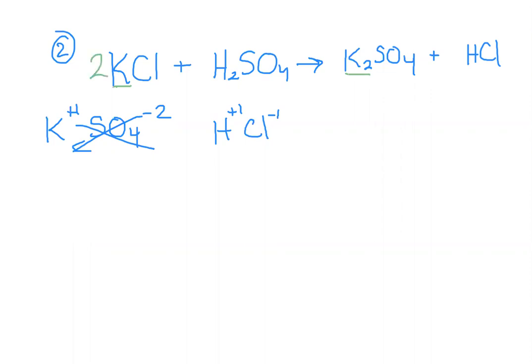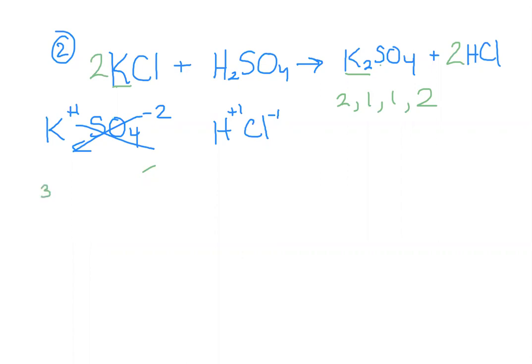Now that gives us 2 chlorines. We only have 1 chlorine, so we'll have to put a 2 there. Now that gives us 2 hydrogen. We already have 2 hydrogen, 1s, 1s, 4 O's, 4 O's. Everything is balanced, and we've got 2, 1, 1, 2 as our coefficients.